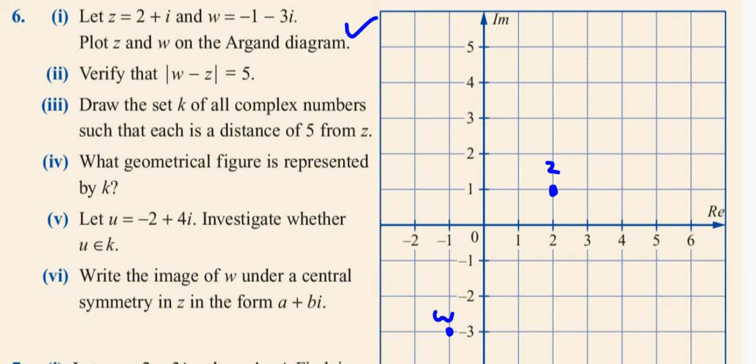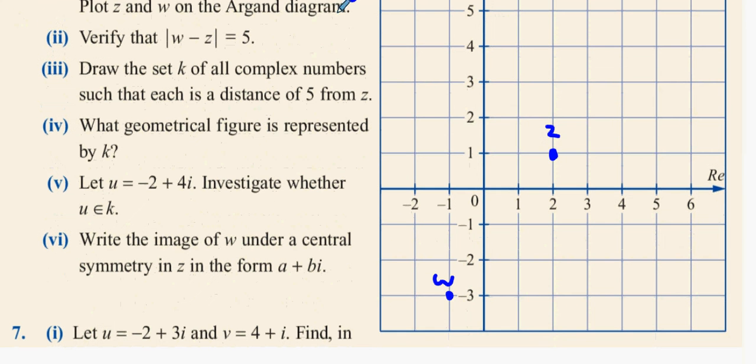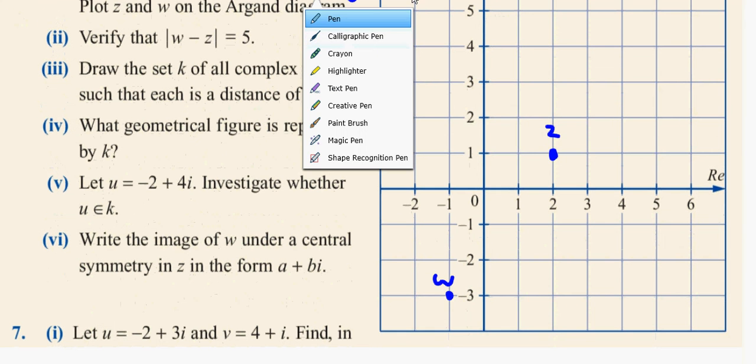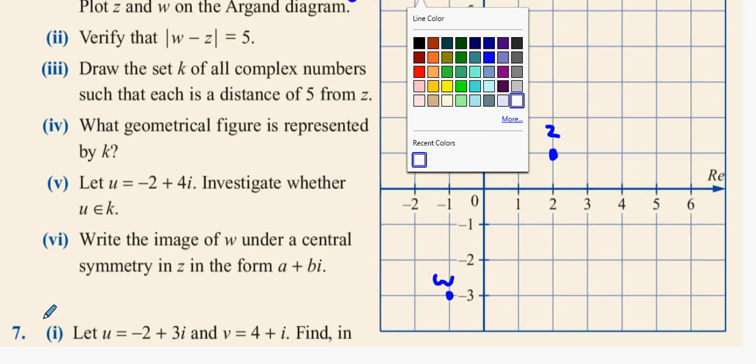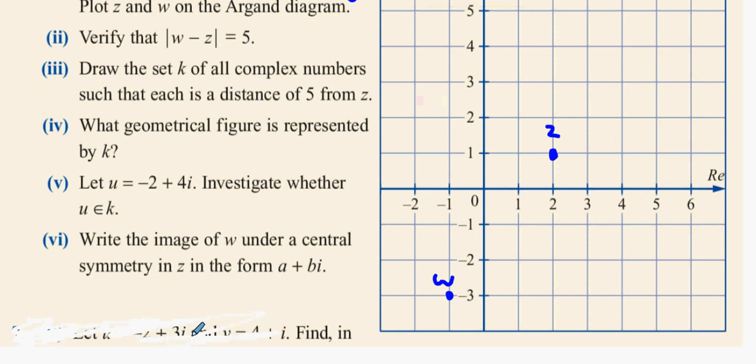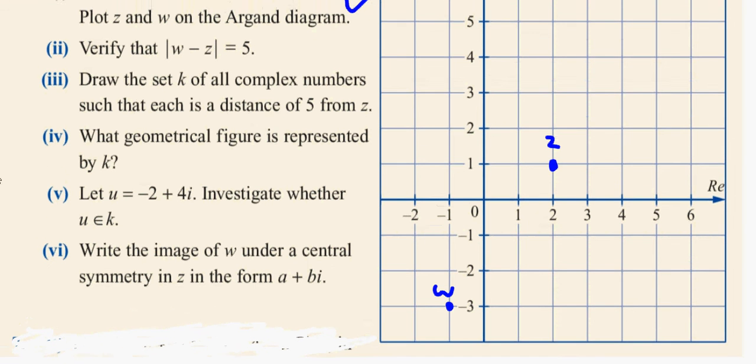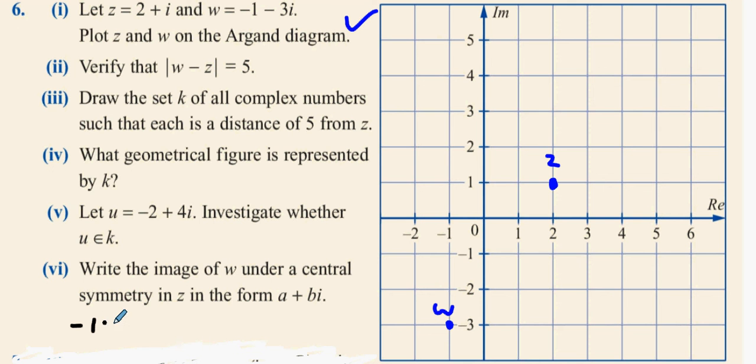Okay. First thing I need to do is find out what W and Z actually are. Okay, so we'll find that out now. Alrighty. So, what's W? W is minus 1 minus 3i, and Z is minus 2 plus i.